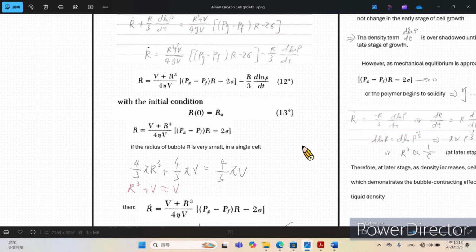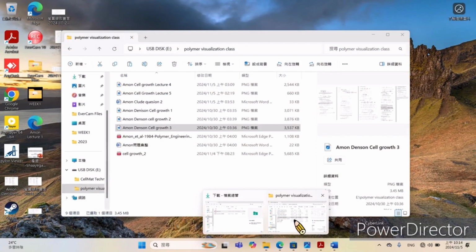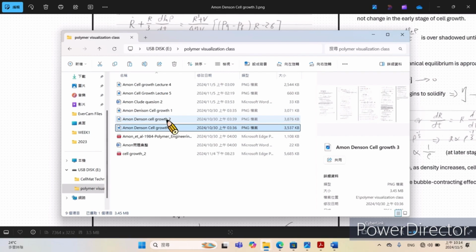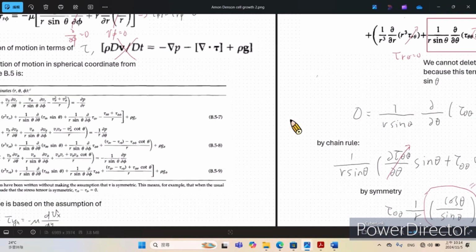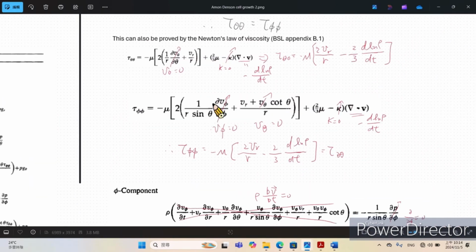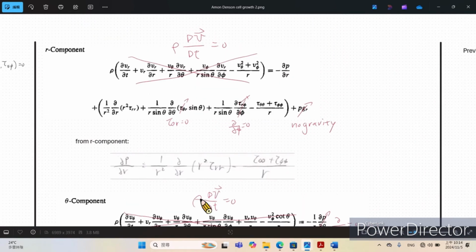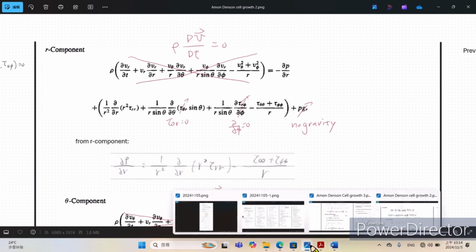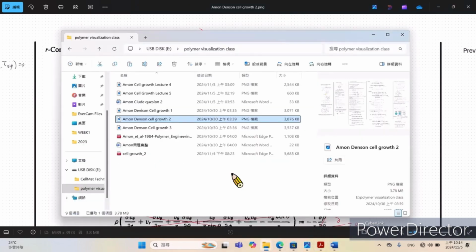This is the partial t, partial r of t. Let me also ask you a quick question. For equation 6, let me check.